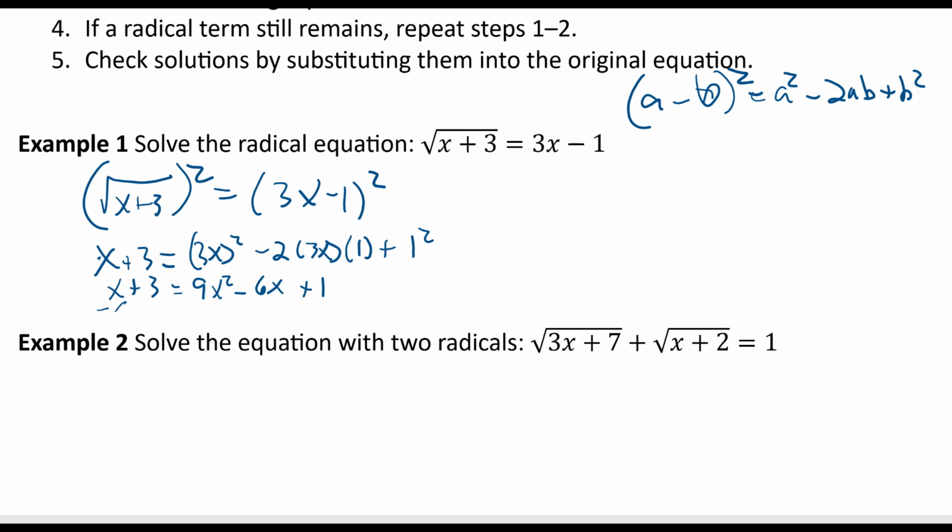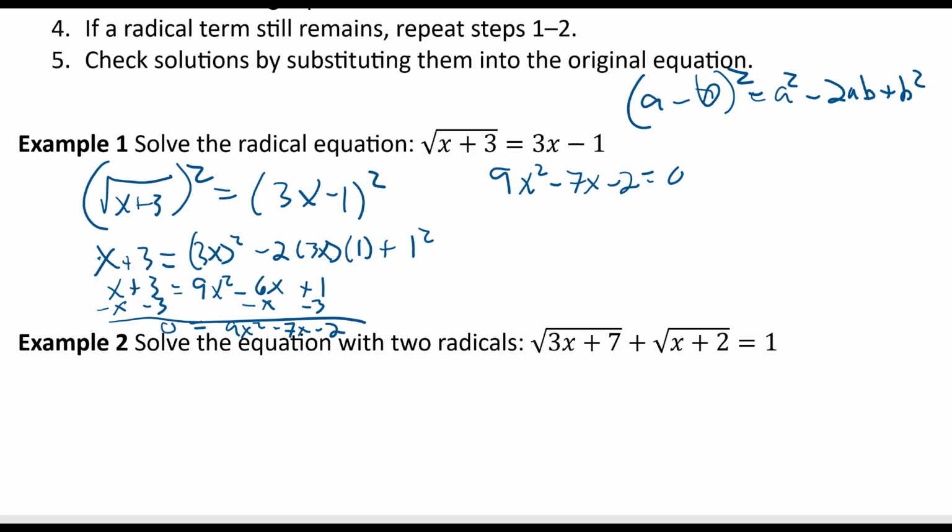And I'm going to subtract the x from both sides and subtract the 3. So I'll end up having 0 equals 9x squared minus 7x minus 2. So 9x squared minus 7x minus 2 equals 0.